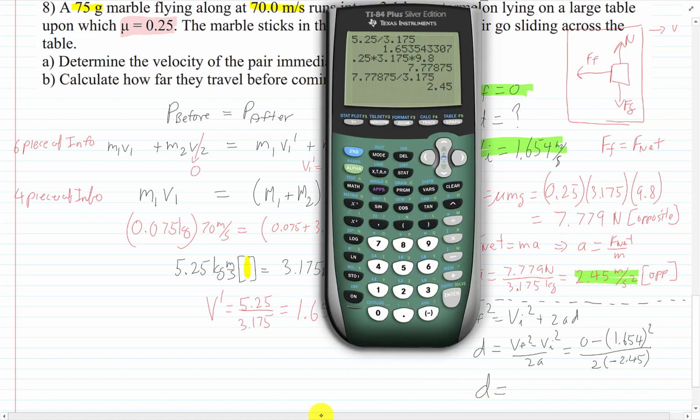So I take the speed, square it, and divide it by 2, and also divide it by this acceleration. And Mr. Calculator says just over a half a meter.